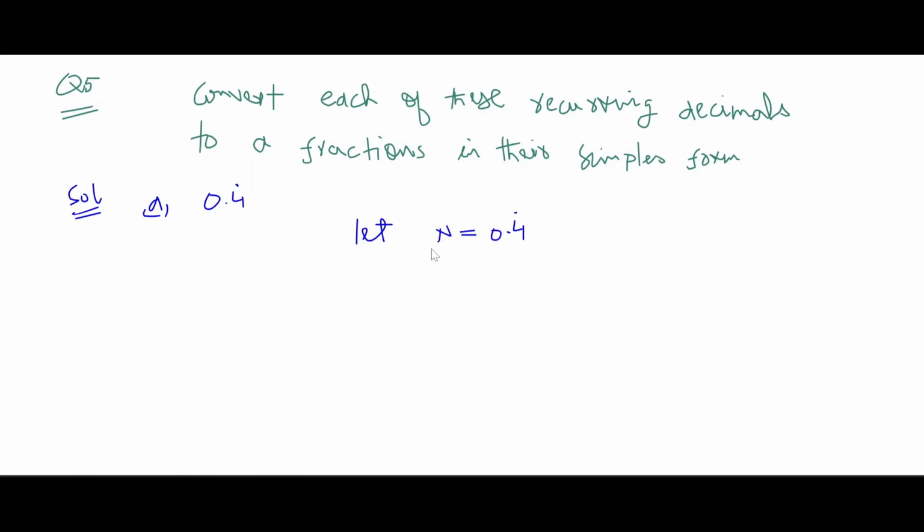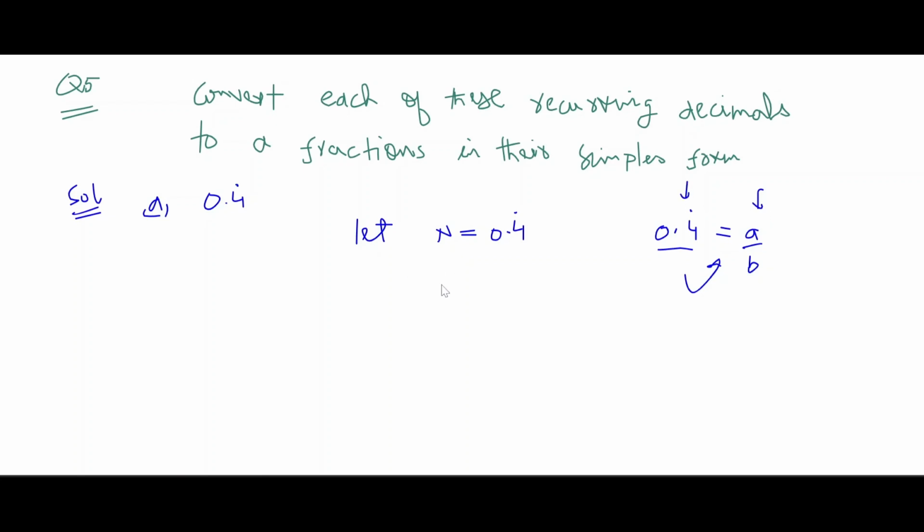We can say that 0.4 recurring can be equal to a by 4 because it's recurring and can be converted into a fraction form. So n is a recurring decimal, and it can also be in a fraction form, because they are equal.